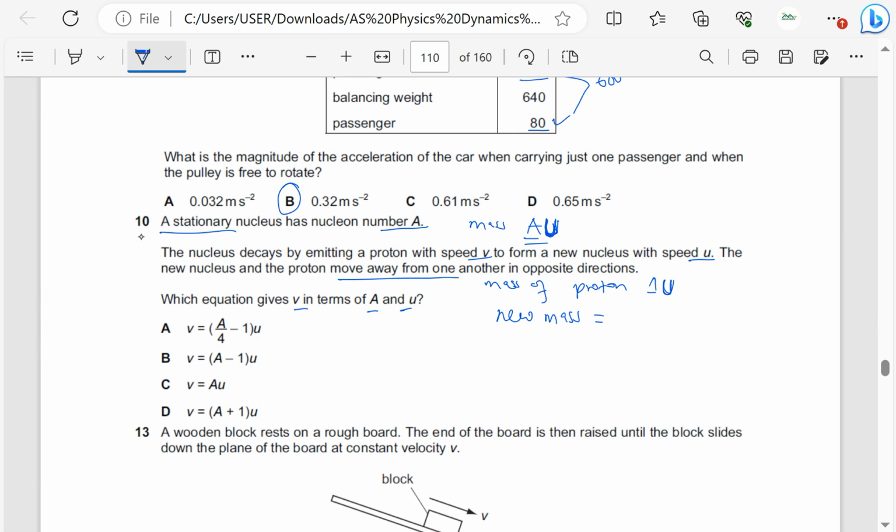So that is going to be A U minus U, which is the same as A minus 1 times the unified atomic mass unit.